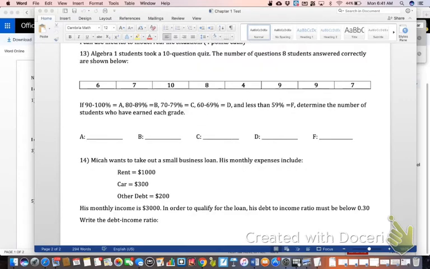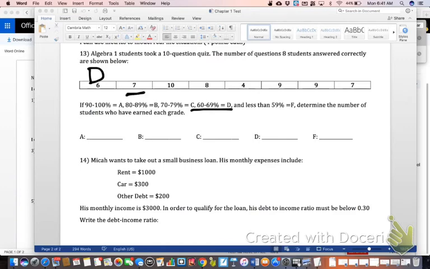Okay, number 13, it says Algebra 1 students took a 10-question quiz. The number of questions that they got correctly are shown below, and that gives us the grading scale right here. So let's figure out the percentages first. If a kid got 6 questions right, 6 out of 10, that is 60%. 60% is a D, so I'm going to put that right there.